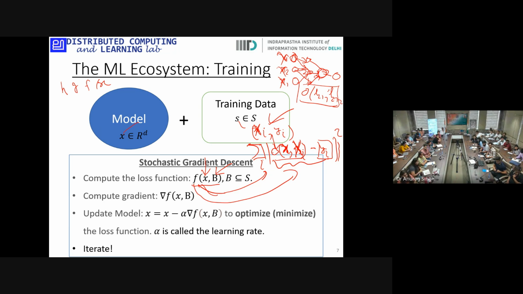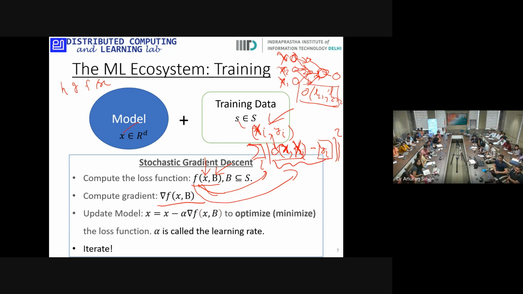So in a neural network, the gradient computation of the loss function is just the chain rule, and that is backpropagation. As mentioned in the morning, backpropagation is nothing but the chain rule implemented. So compute the gradient using backpropagation for a neural network.